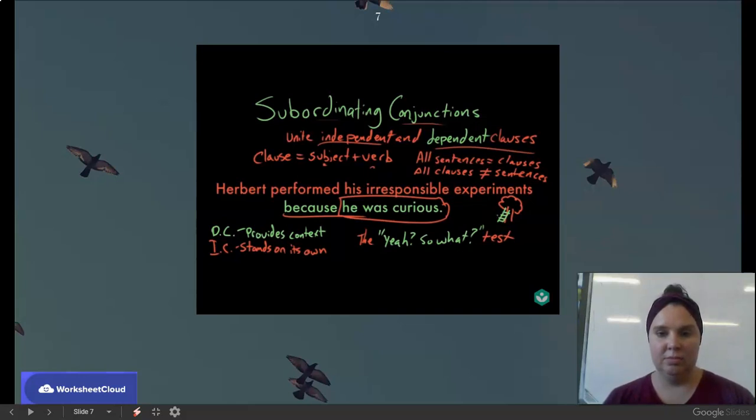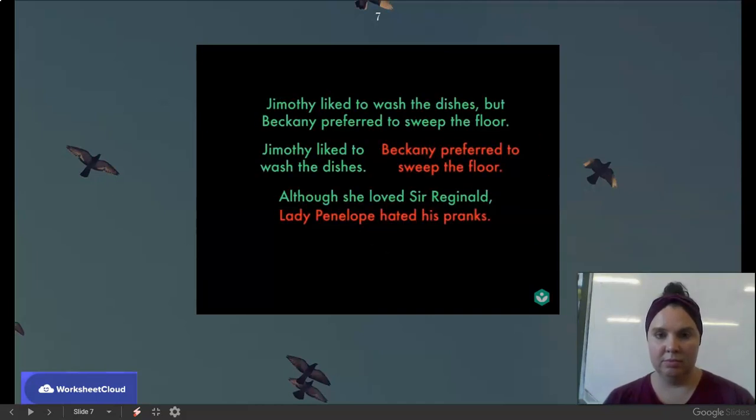Because a dependent clause leans against an independent clause. It's like a ladder laid up against the tree. The tree is still going to be standing there whether or not the ladder is there or not, but the ladder is useful because it allows you to get up further into the tree and explore its leaves, if that makes sense. It allows you to get further context and further understanding. But the tree could just as easily, it's still a tree without the ladder, right? You don't have to have a ladder in order to be a tree.